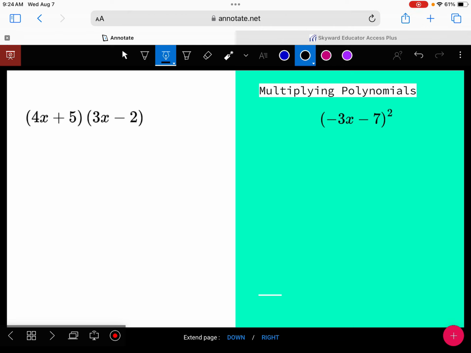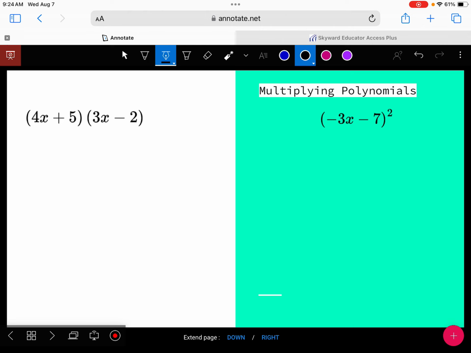I'm typically going to do them as a distribution simply because it takes up less space. If you want to do the box tool, you absolutely can. It's an area model is what that's called. It is probably the slowest, so it might be something that we work towards moving out of using, but it's absolutely valid.